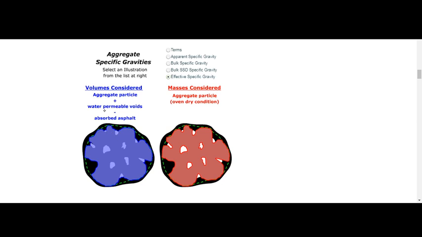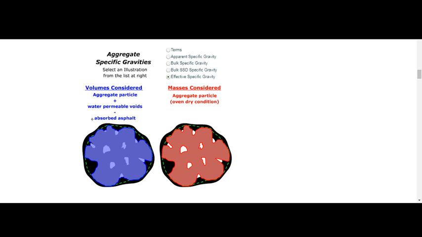In case of bulk specific gravity, we have considered the total permeable pores, including, as I have just said, the water permeable pores or voids, which indicate the total voids that are remaining and also filled up. These two in combination are called the water permeable void.